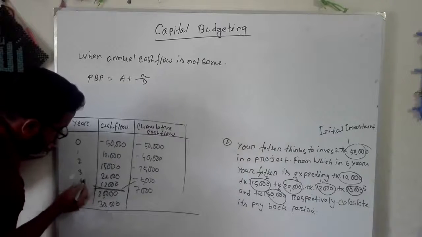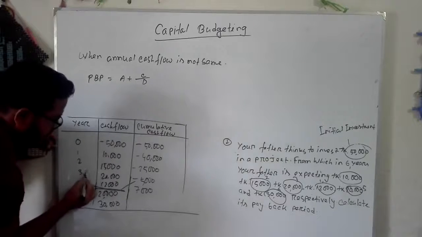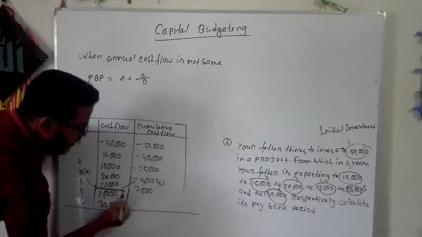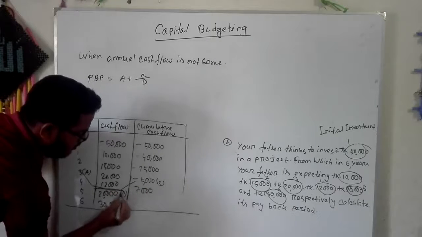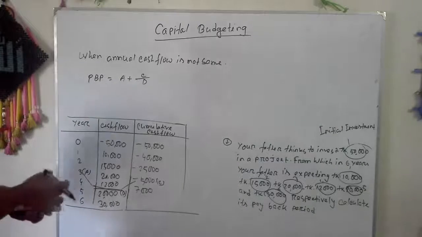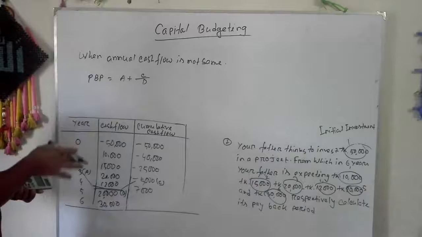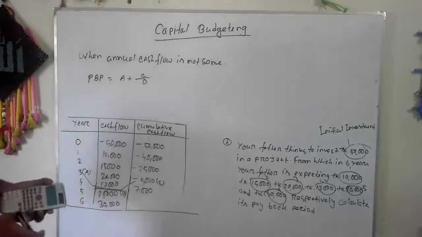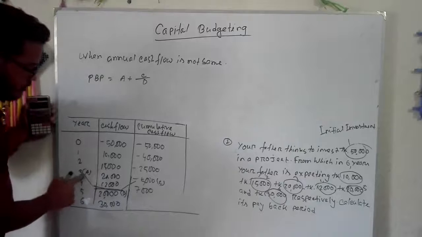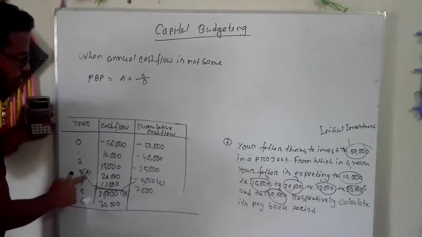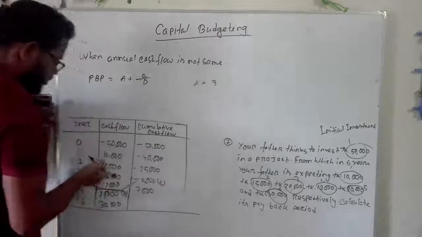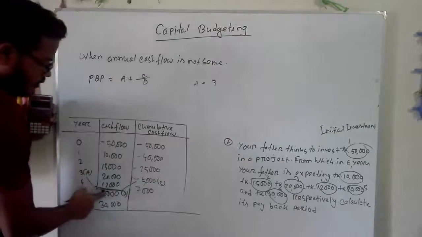These are called A, C, and D. Dear student, by applying this formula, you can easily find out the payback period. Here the value of A is 3.